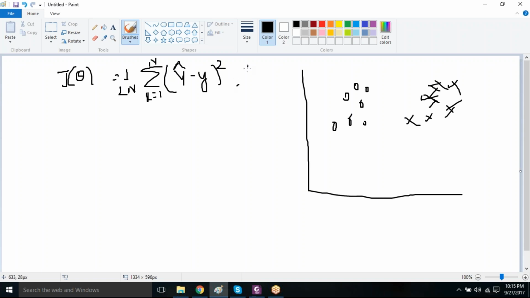This cost function I am not going to use at all here, because it will be used when you have to pass a line, something like this, where you have to fit the data so that as best as possible it goes through the data points.